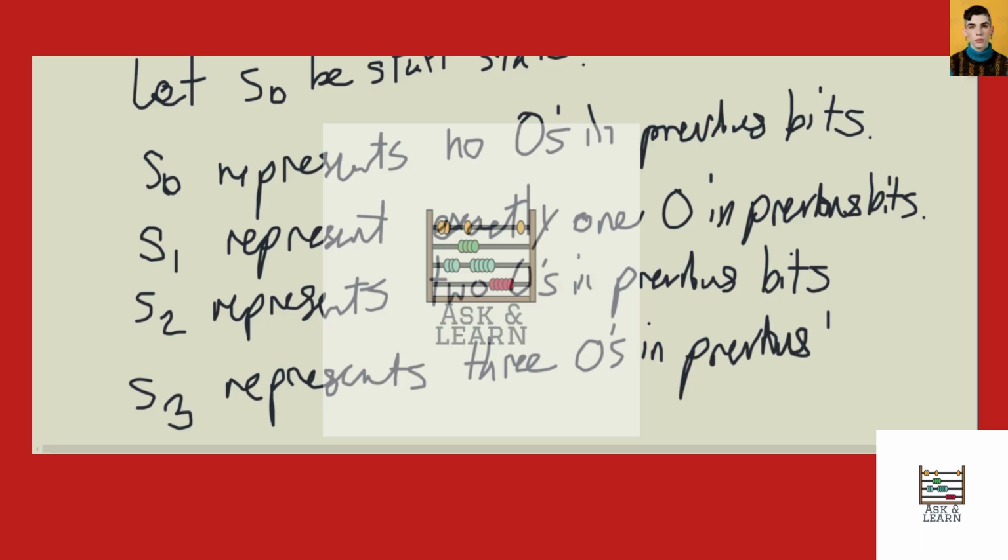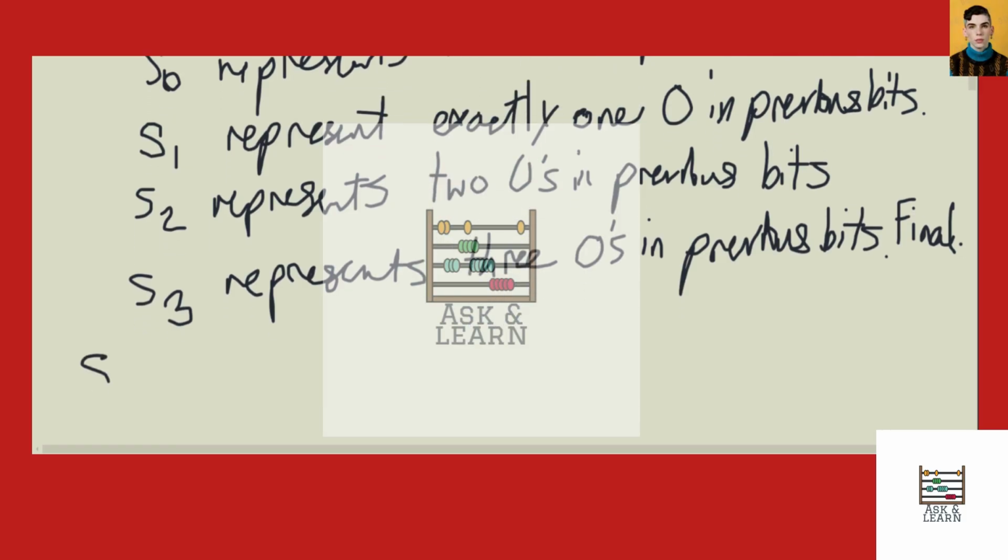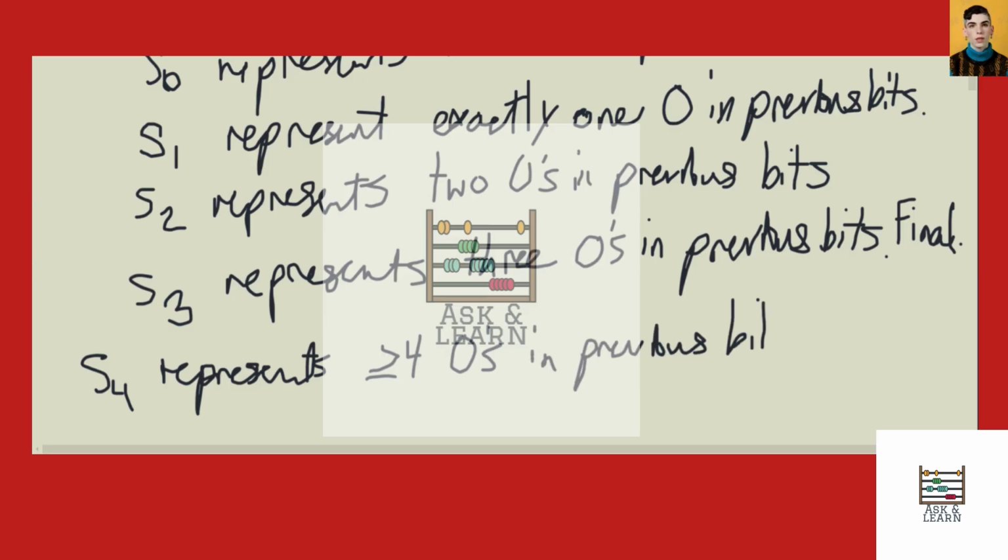And we see that this is going to be a final state. And S4 represents that there were more than 3 zeros in the previous bits. So the only final state is S3.